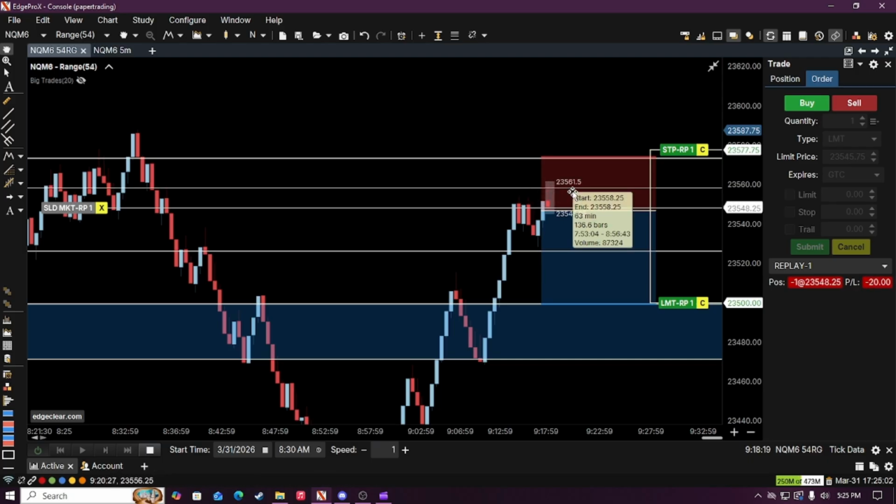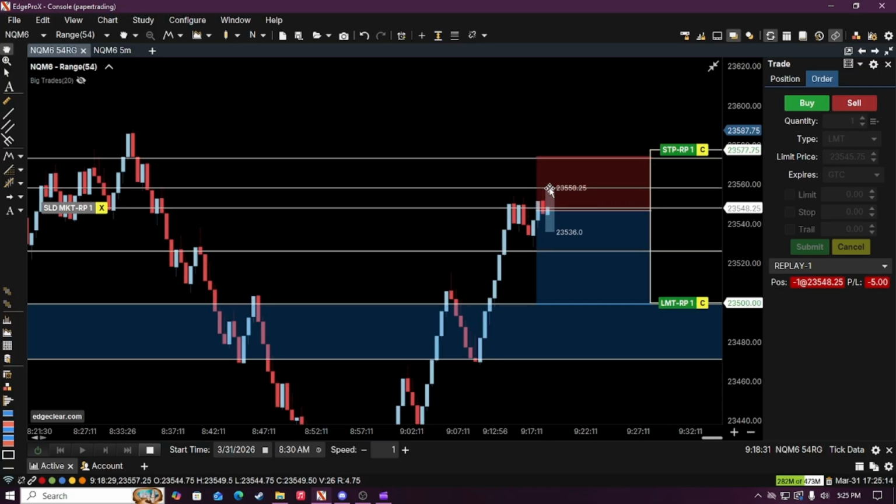We entered a little bit earlier. We could have waited a little bit longer, but I entered very late. Or you can enter a little bit later, after it bounced from the point of control, and you will have more confirmation than if you just enter right away.